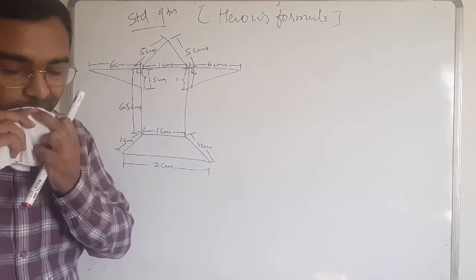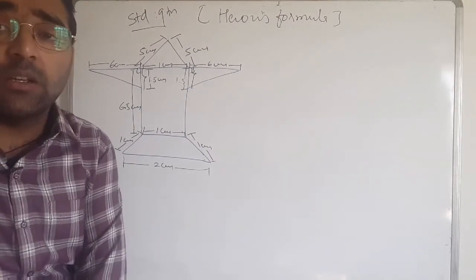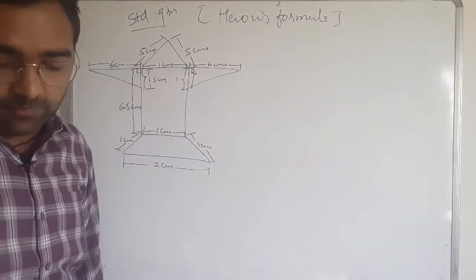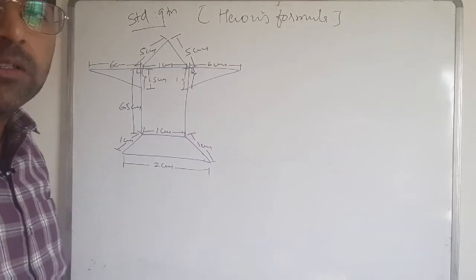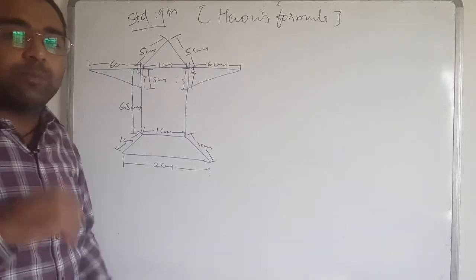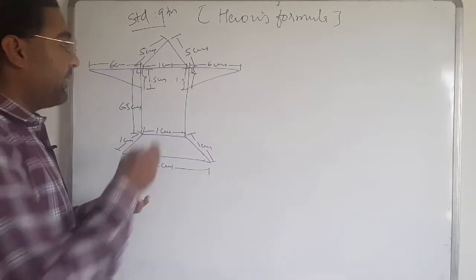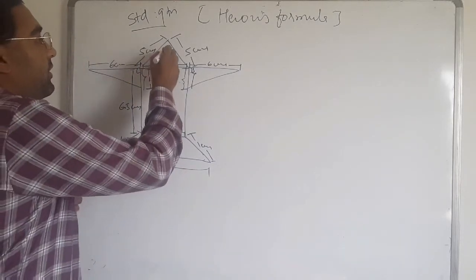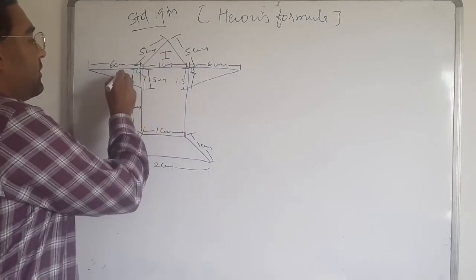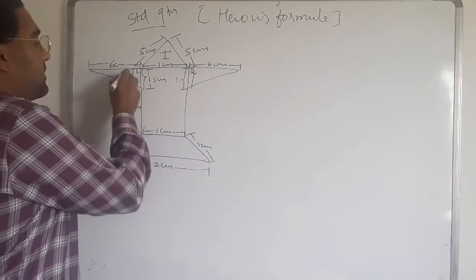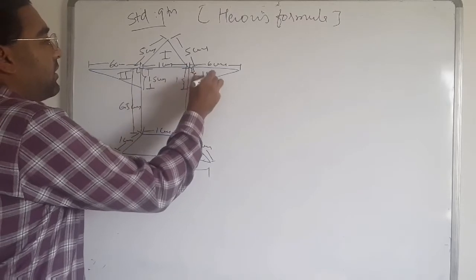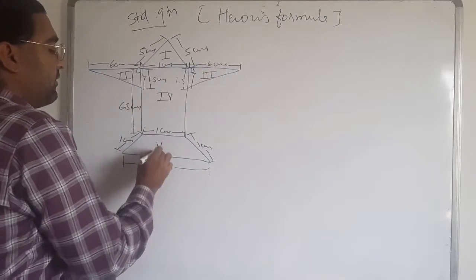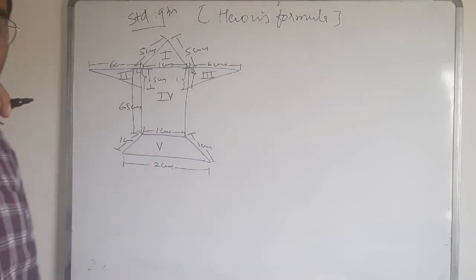Now we have to find the area of all of the figures, the 5 figures. So let's start. First of all, we find the area of this triangle. We name this first, this second, this third, this fourth, and this the fifth.